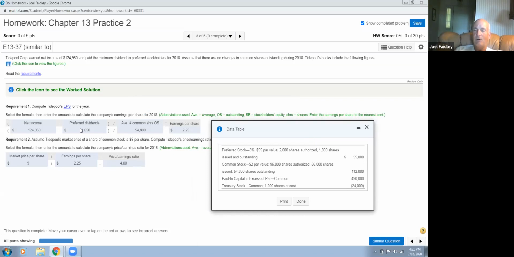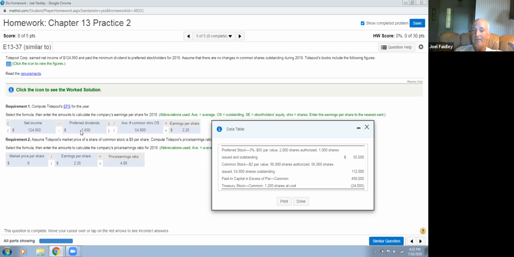Because it's based on common shares outstanding. So if you're dividing net income by common shares outstanding, you want to subtract out any preferred dividends, right? Preferred dividends are after taxes. Net income, right? That says you've already taken taxes out. So preferred dividends are after taxes.